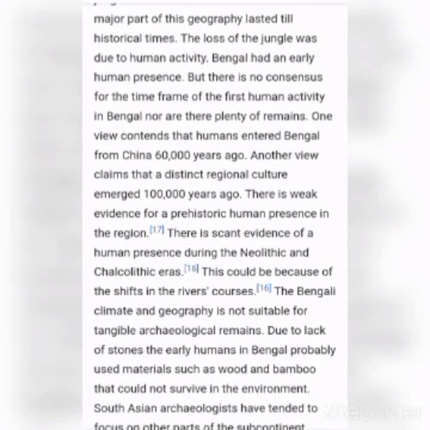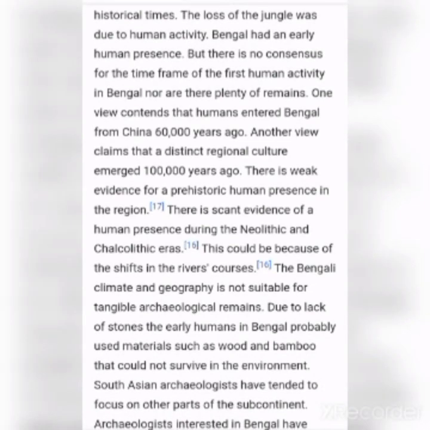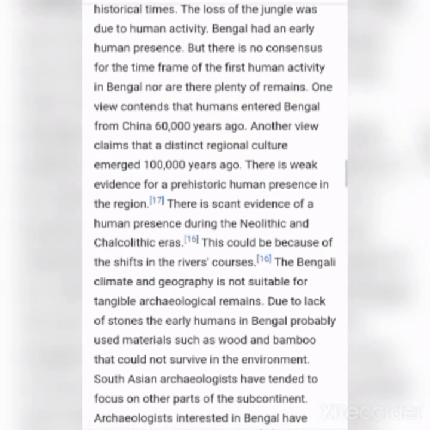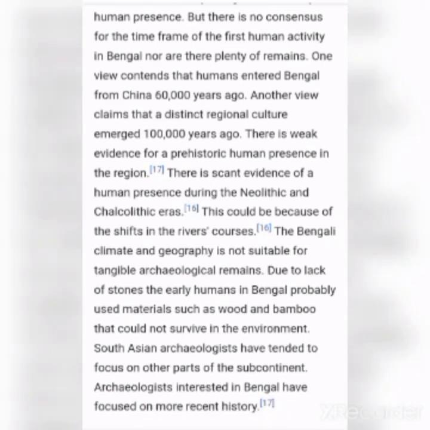There is weak evidence for a prehistoric human presence in the region. There is scant evidence of a human presence during the Neolithic and Chalcolithic eras. This could be because of the shifts in the rivers' courses.